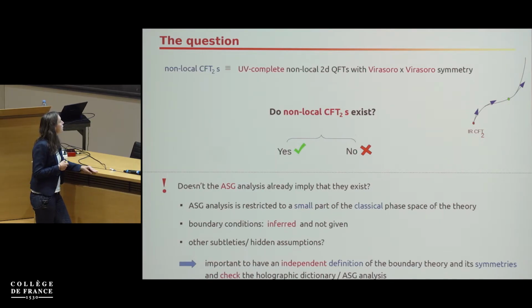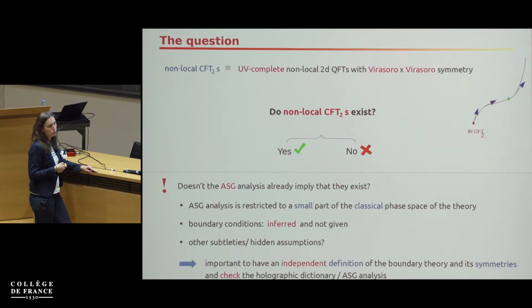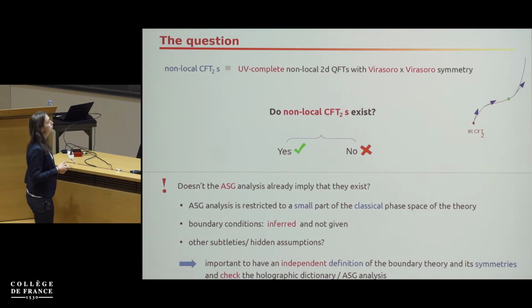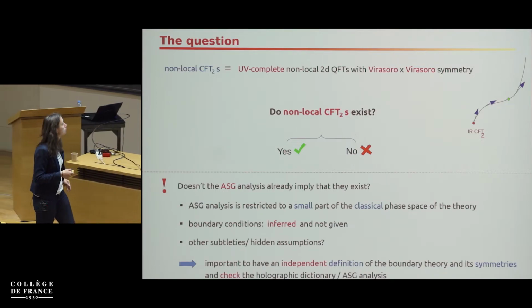The first thing is that the asymptotic symmetry group analysis is basically always restricted to just a small part of the classical phase space of the theory. So normally we do asymptotic symmetry group analysis on gravity coupled to a bunch of matter fields, whereas the holographic duality involves an infinite number of fields and strings and God knows what. So we're seeing those symmetries and we're assuming they extend to the full theory.